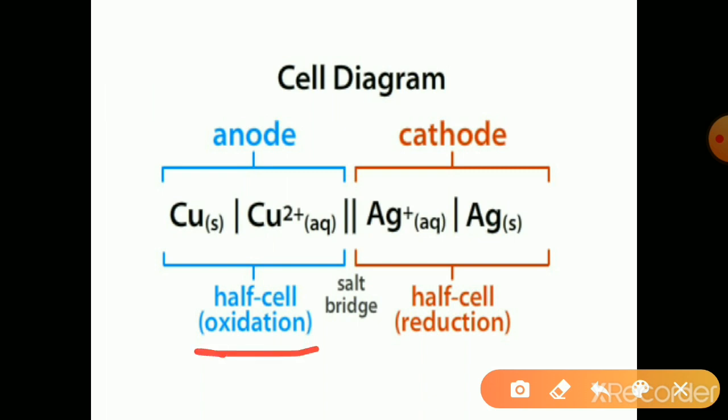Oxidation half is always denoted to the left in the representation as well as in the figure, and reduction is represented on the right hand side, always in the representation. Electrodes are represented on the extreme sides. Anode is represented to the left and cathode is represented to the right.